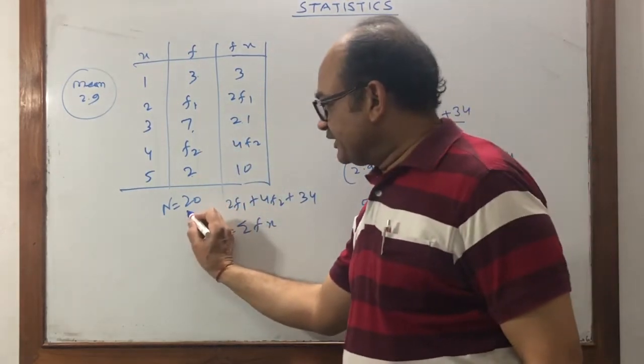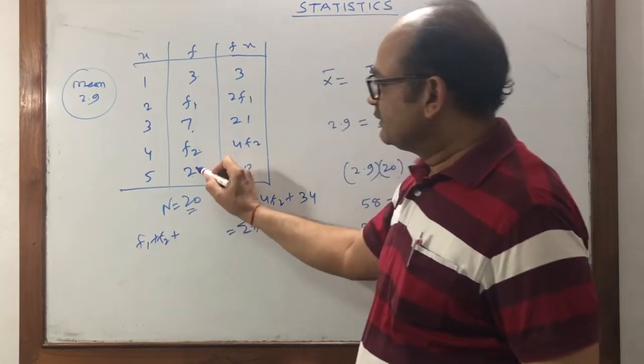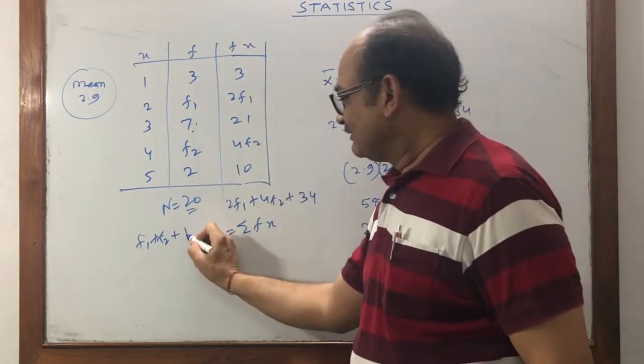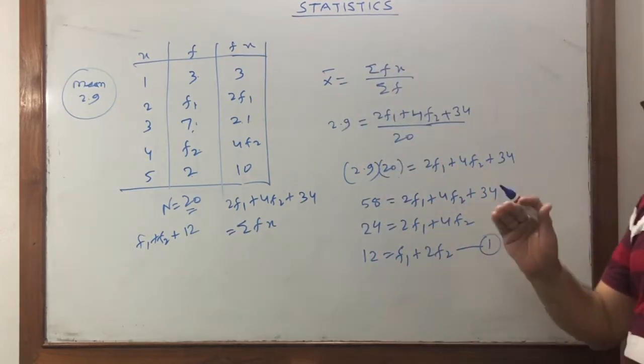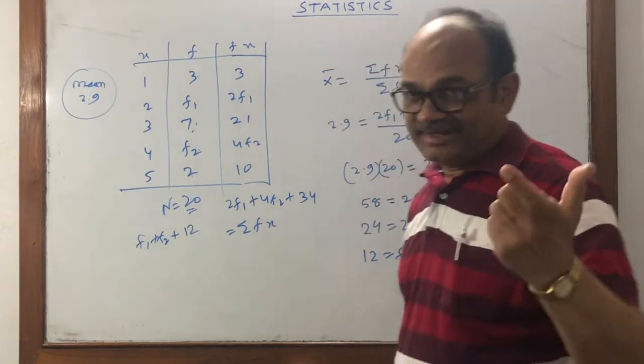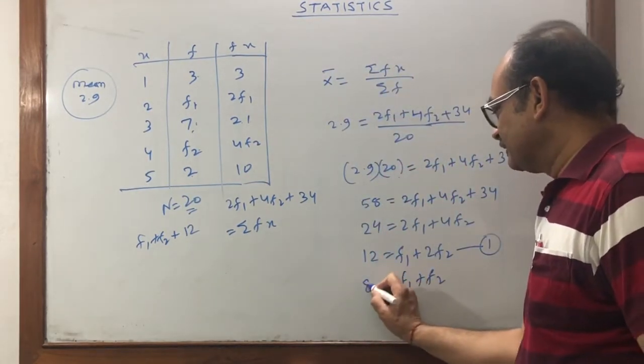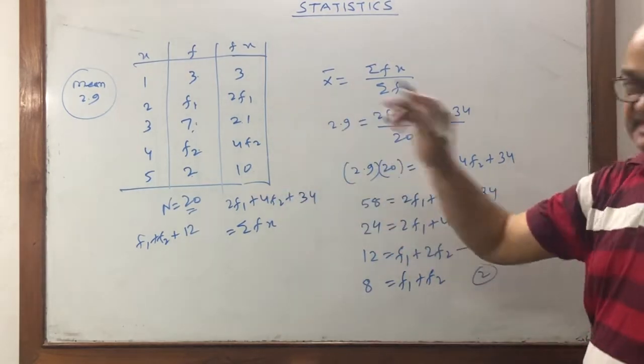It means this 20 is nothing but f1 plus f2 plus 12. f1 plus f2 plus 12 is 20. So what about f1 plus f2? 8. So second equation, f1 plus f2 is 8.